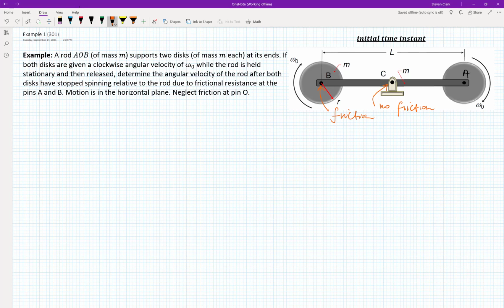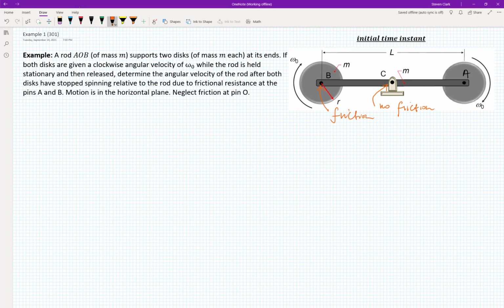Because we will observe a transfer of the motion, transfer of the momentum from these disks to the entire system, right? Until the disks stop eventually.